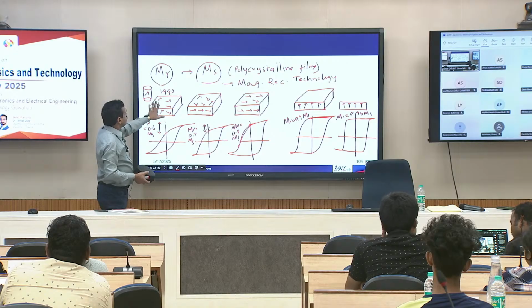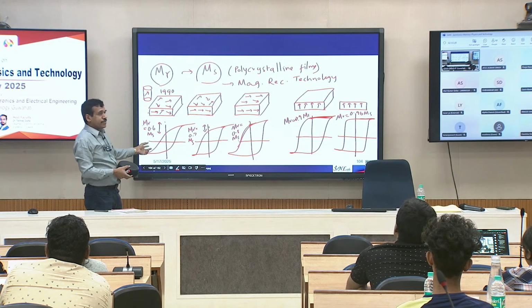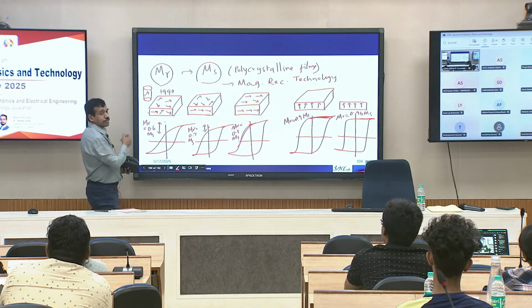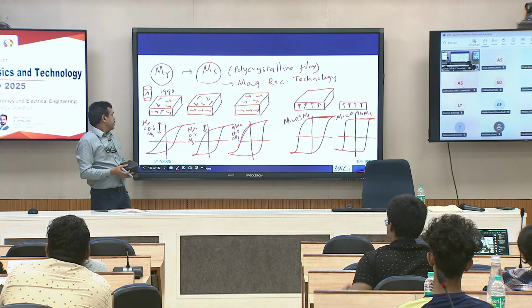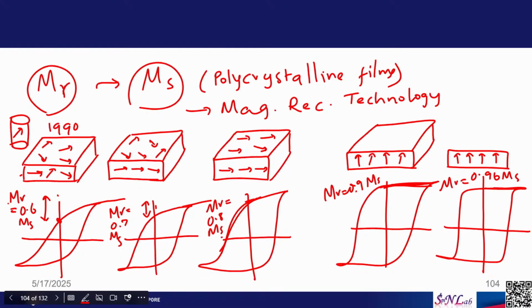When you have such randomness, usually the MR is very low compared to MS. You may get something like 0.6 times MS. So, this value is 60% of the MS value. People have improved this randomness by growing some underlayer and things like that.